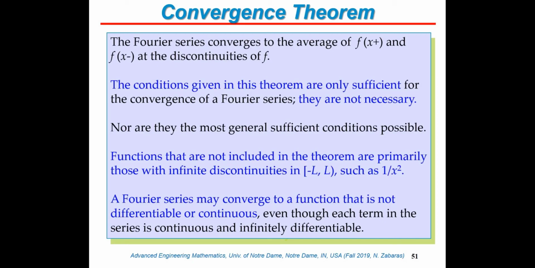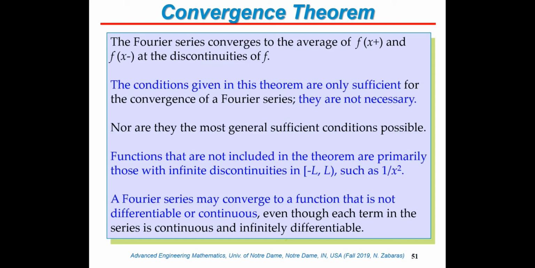However, note that the Fourier expansion may converge to a function that is not differentiable or continuous. So even though every term looks to be, in principle, infinitely differentiable, the series itself may converge to a function that is not differentiable.